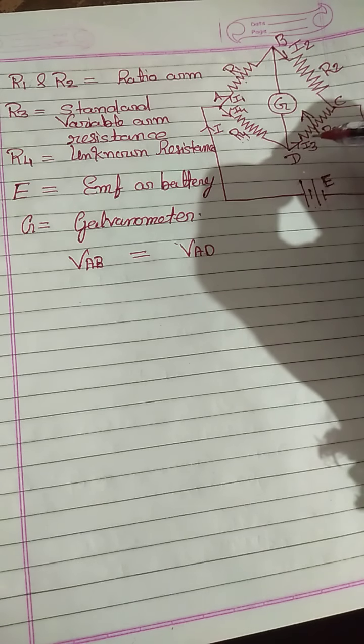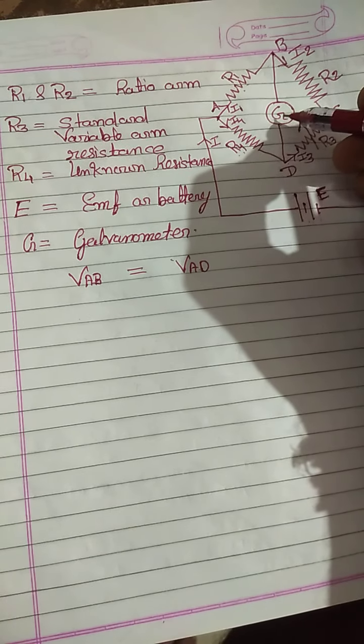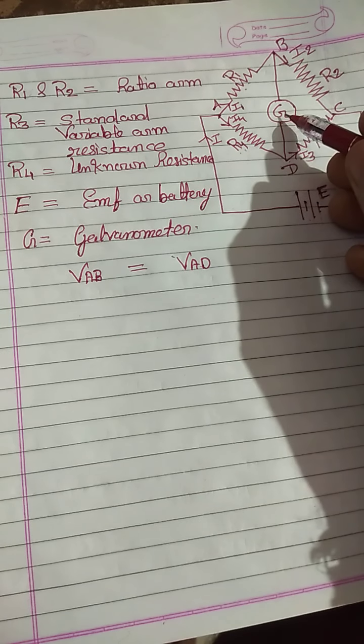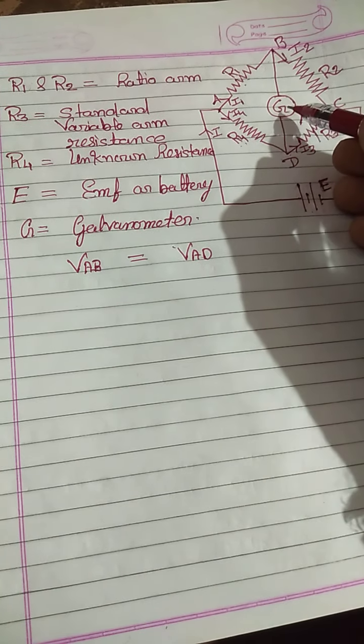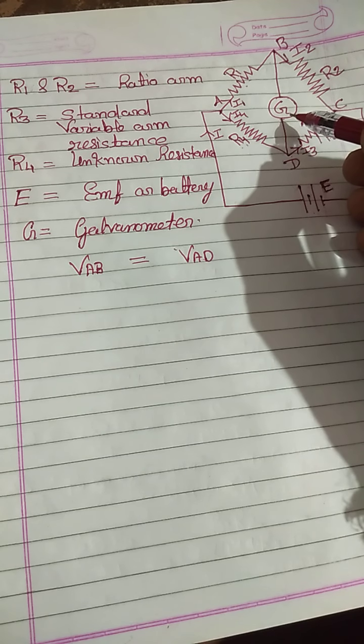If they are equal, the galvanometer will show zero reading.